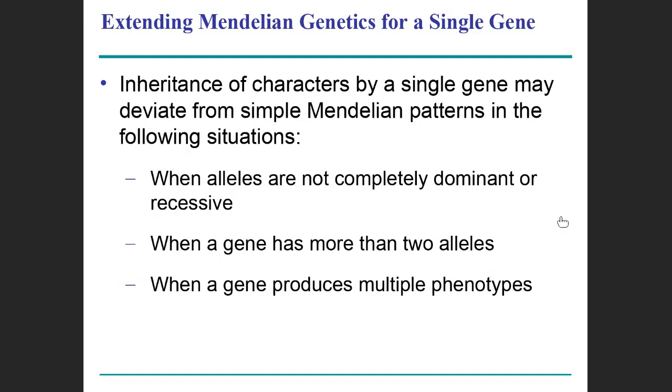Genes may have more than two alleles, so there are some genes that have multiple alleles. And sometimes one gene produces multiple phenotypes, so a single gene can affect several observable characteristics. We're going to see examples of these.